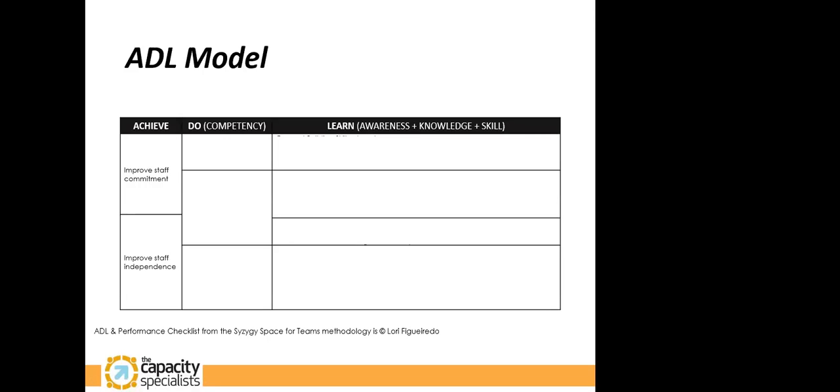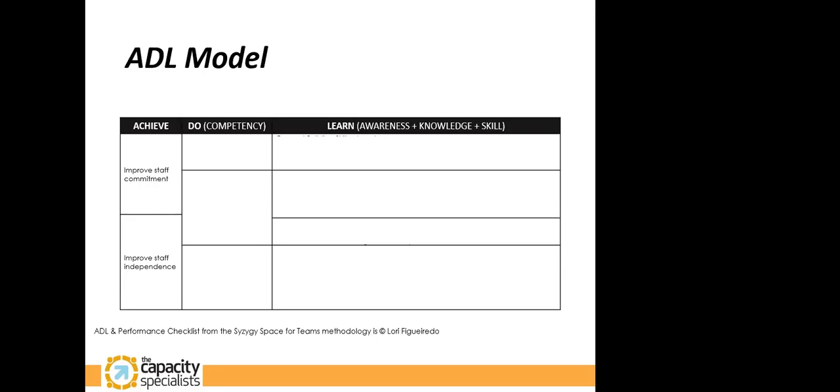Okay. And then HOD says, hang on, I got 10 more. No. Human beings cannot change that fast. Let's focus on 2 first. Okay, let's focus on improved staff commitment and improve staff independence. Okay, so can we measure this? Yes, we can measure by watching what they say, how they say over the next 90 days. Do you see that they are willing to stay back more to be able to finish a particular piece of work?